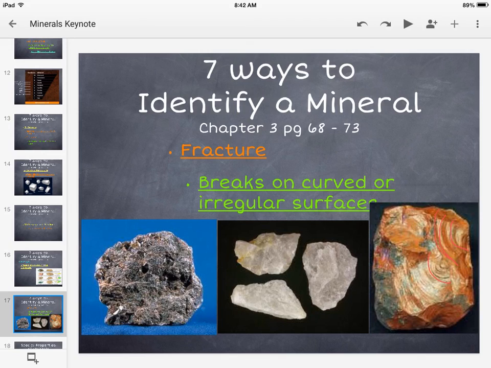You'll see these little curved lines like that. That's also fracture. So if it doesn't break on those flat surfaces, it's called fracture. I want you to think about if you have a bone, here's your hand, and you break your bone in your arm, it's not going to be a smooth cut, it's going to be jagged like a fracture, which is an irregular jagged surface.